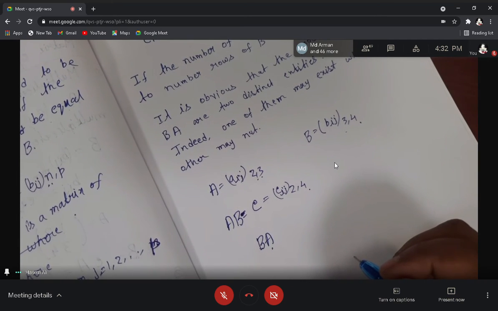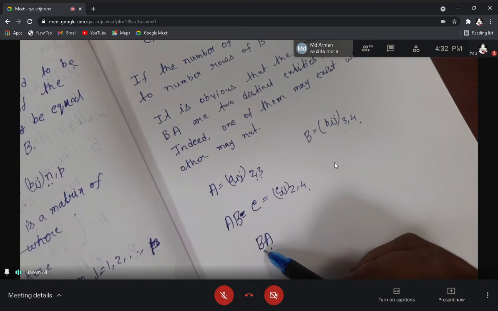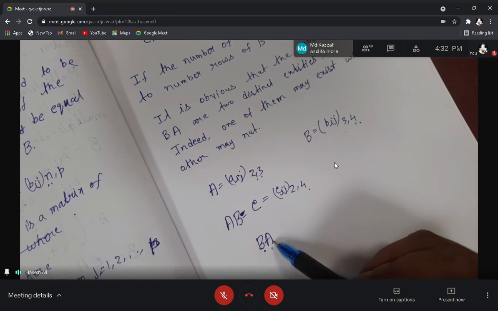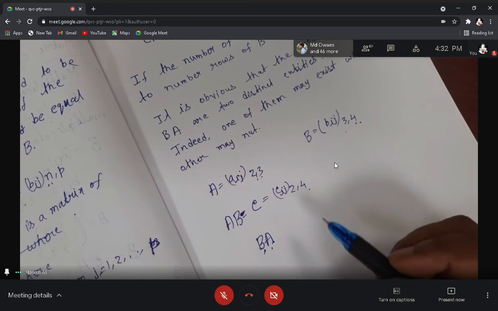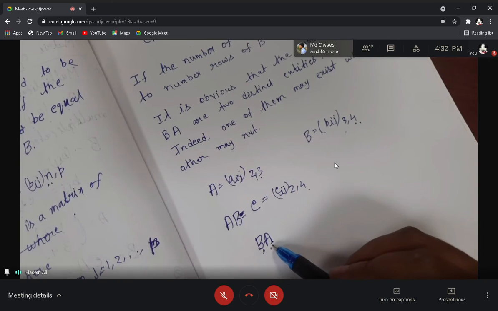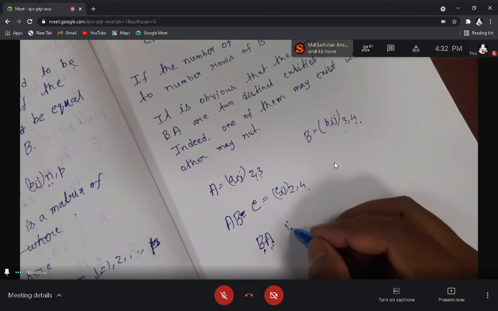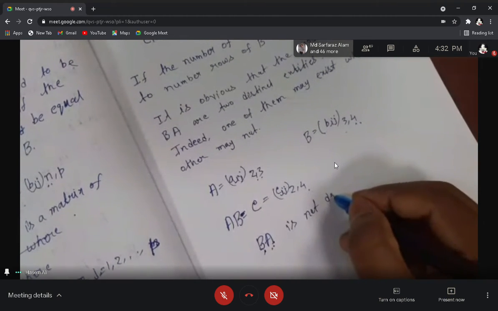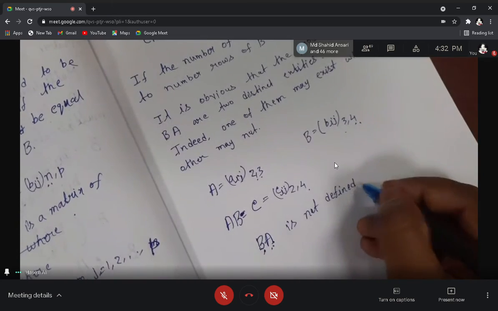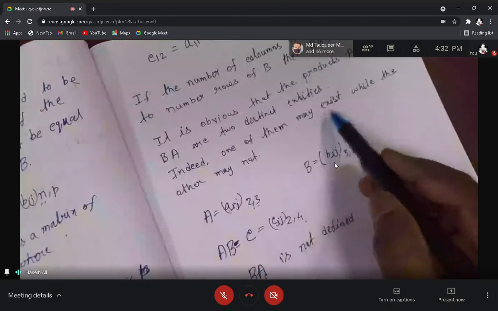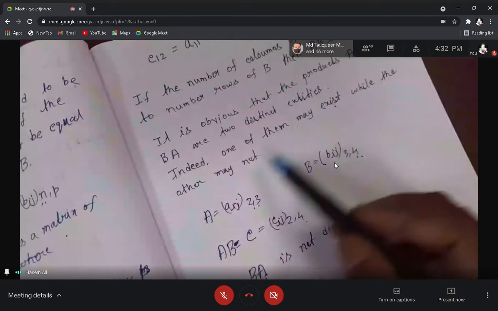No, because the number of columns of B, here 4, is not equal to the number of rows of A. So the matrix BA is not defined. So this is the statement: one of them may exist while the other may not.